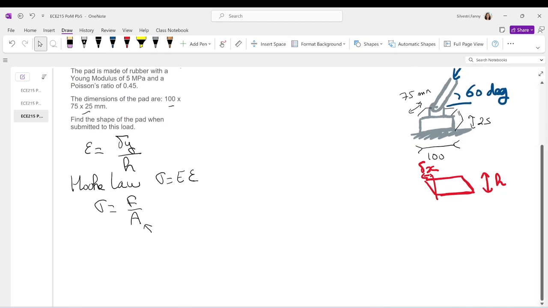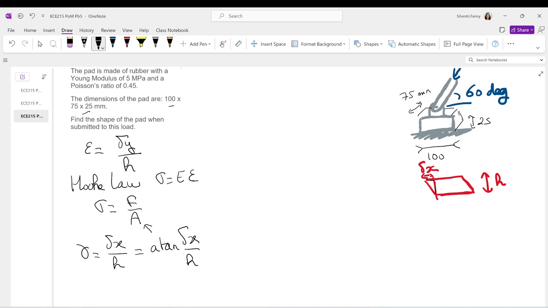Now for the other one, with gamma. Remember gamma, the shear strain, will be delta x divided by h. We have used the tangent of gamma equals delta x divided by h.